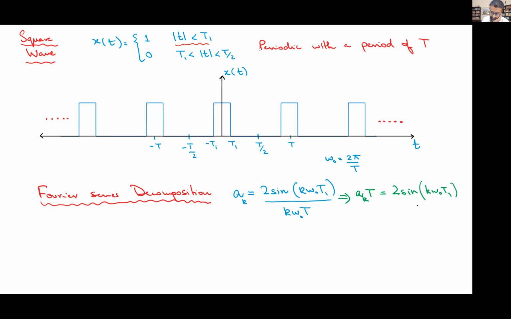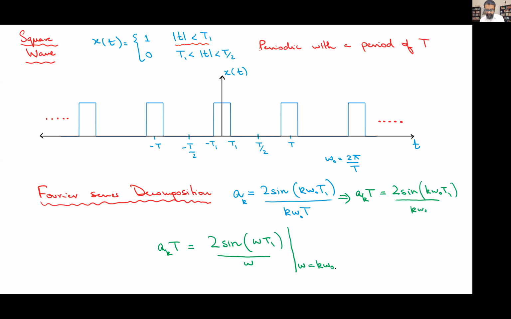I can therefore write that a_k times T is equal to a function of omega, 2 sine(omega t1) divided by omega, where I just replace omega with k omega naught. So as k changes, I plug in omega equals k omega naught into this expression.